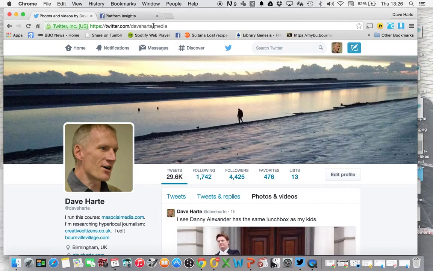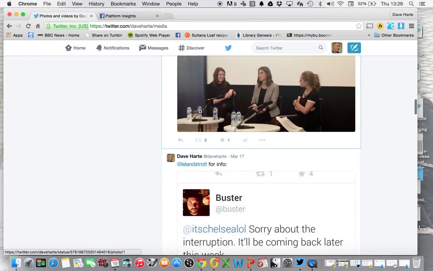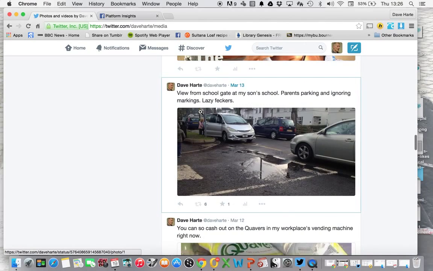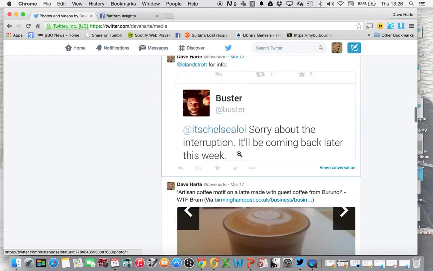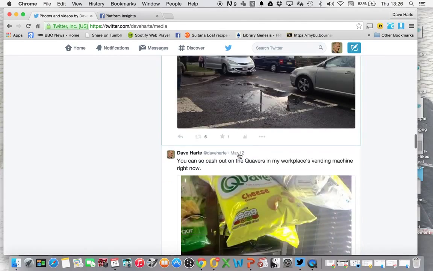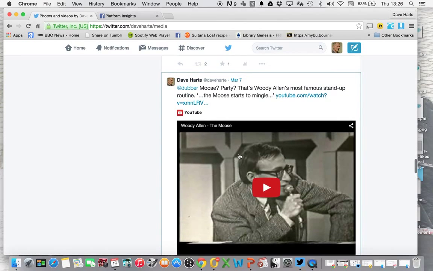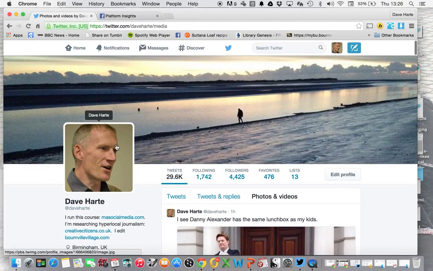If you look up here, it says twitter.com/Dave Hart/media, and that just shows tweets that contain some form of media, which could be an image. Sometimes the media is a link to another tweet, or it could be a short video or anything. There's a YouTube video embedded. That's how it appears, and that's a media. So there's lots of information there.